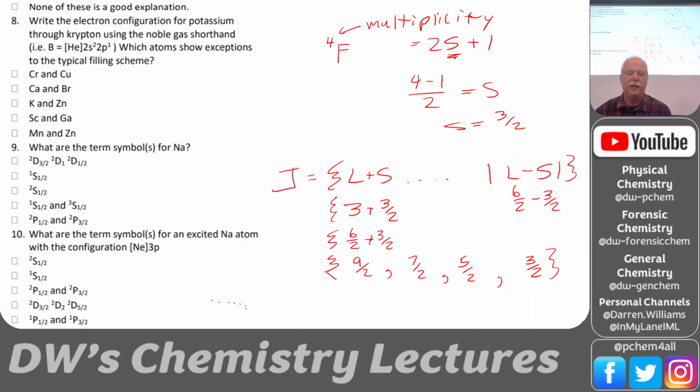So we would write these terms out if we wanted to show them all. Quartet F, 9 halves. Quartet F, 7 halves.